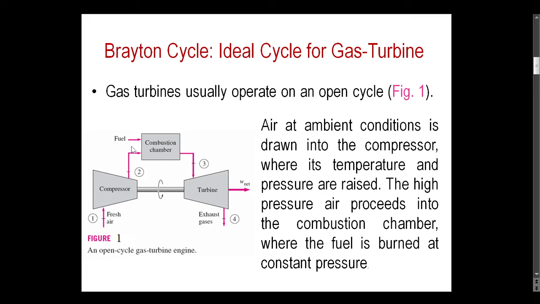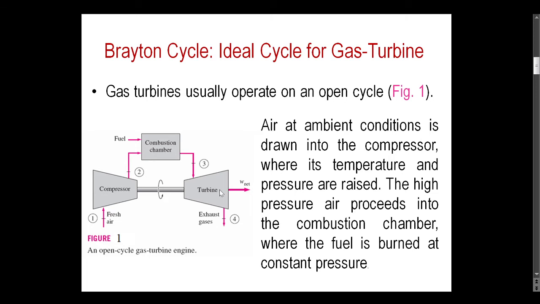Then in the combustion chamber, fuel is supplied and combustion takes place, and high temperature, high pressure gases are formed after combustion. That enters the inlet of the turbine, where it expands and we get the net amount of work, W, at the turbine shaft.